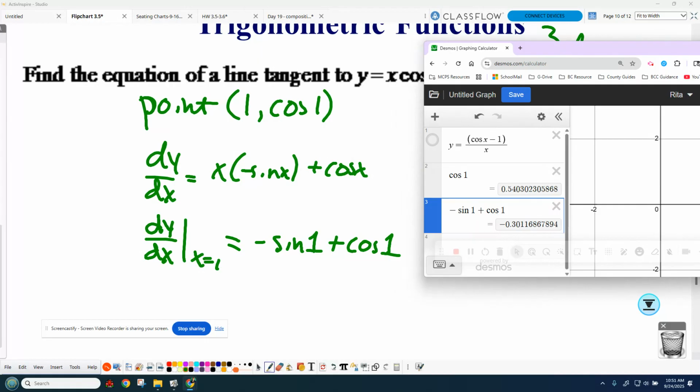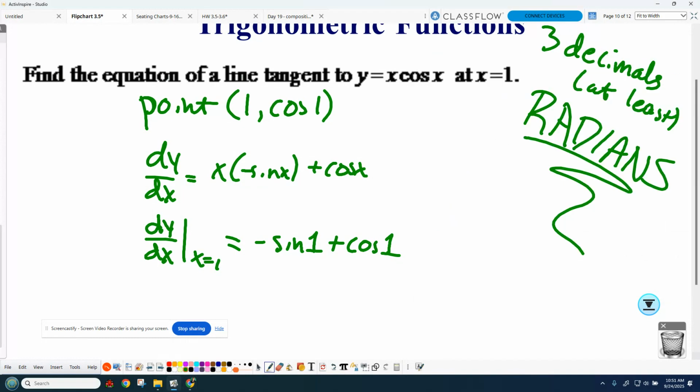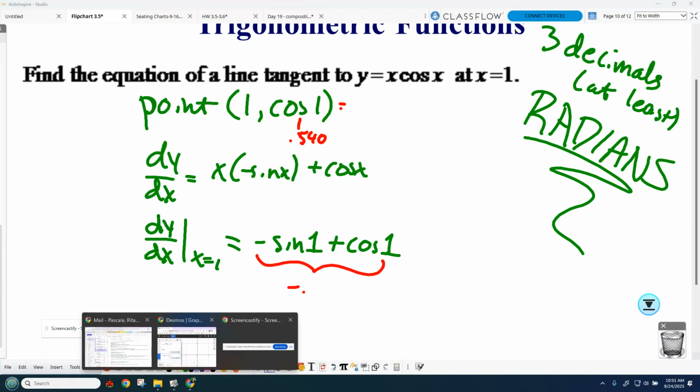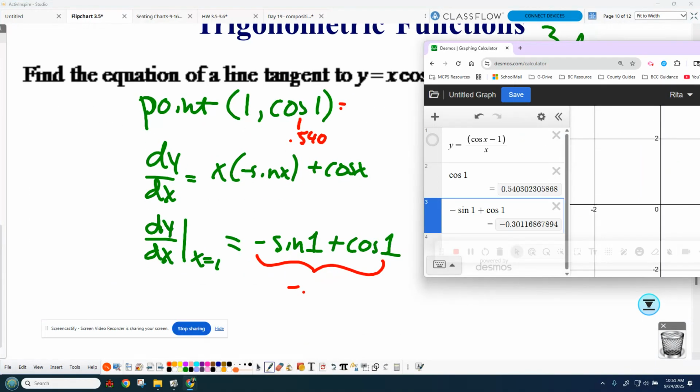So how do I put the pieces together to get a tangent line? Sophia? How do I put these pieces together to get the tangent line? This is 0.540 and this was negative 0.301.